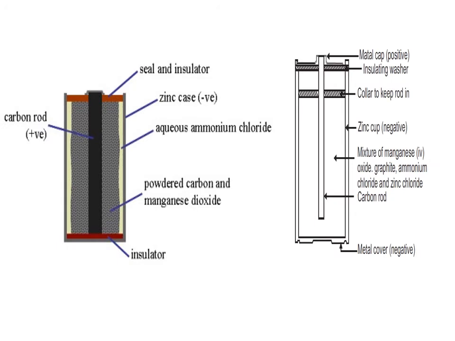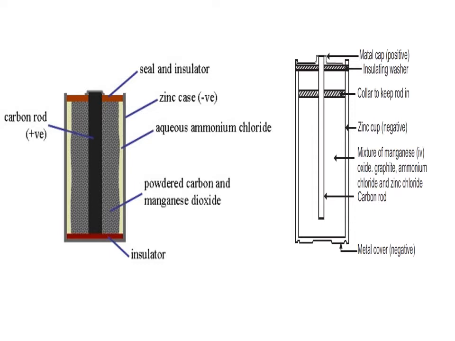See the interior view of a dry cell. Seal and insulator. This is a zinc case, aqueous ammonium chloride, and this is powdered carbon and manganese dioxide. This is an insulator. This is a carbon rod, positive.